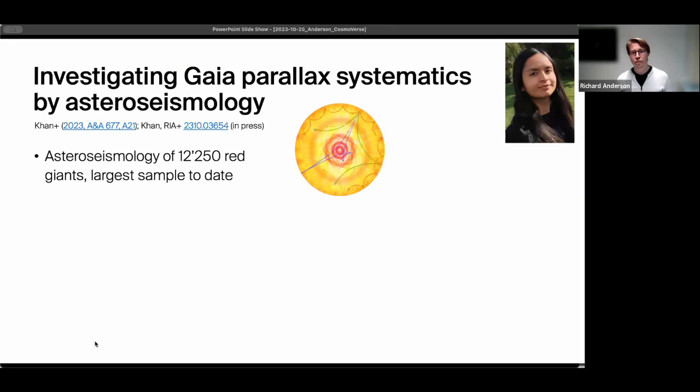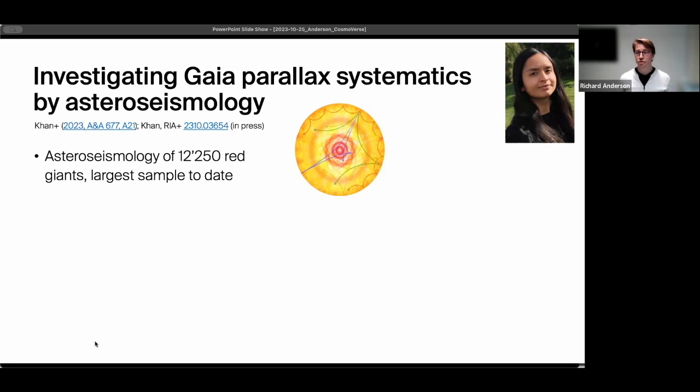And so my postdoc Sanya Khan, shown here in the top right, has been doing work on using asteroseismology to figure out these parallax uncertainties. In asteroseismology, we use the eigenmodes of stochastically excited oscillations of red giant stars to essentially tell us the structure of the star. And Sanya had at her disposal 12,250 red giant stars.